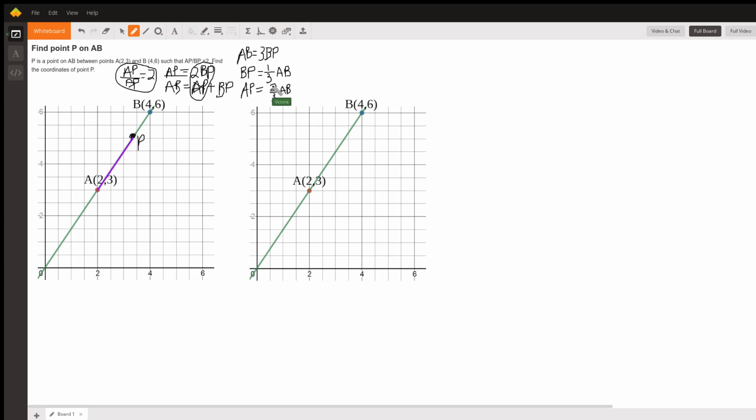Now, that's really helpful because it tells us we could take AB and cut it into 3 equal pieces where this is 1/3 of AB and this is 1/3 of AB and this is 1/3 of AB. Or combining these, I could say that this whole purple one here is 2/3 of AB.